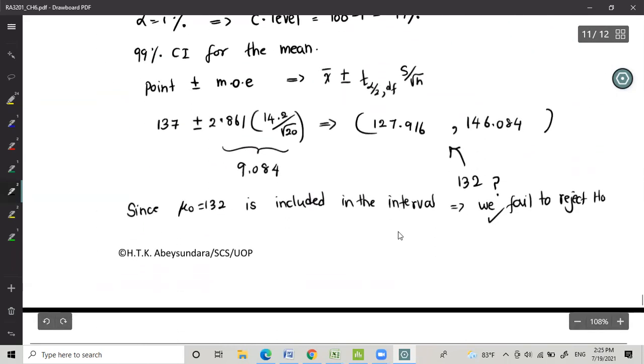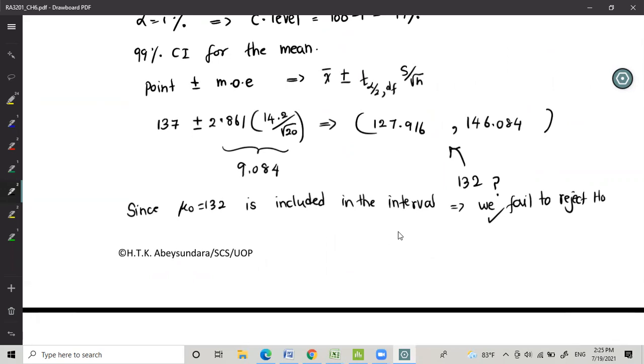Right? Now, what if in another example, the hypothesized mean is not inside this interval, it is outside, maybe to the left, maybe to the right. If it is not included inside the interval, then you reject it, right? So you can reject H naught. So you'll get the same conclusion from the hypothesis test and also from the corresponding confidence interval.